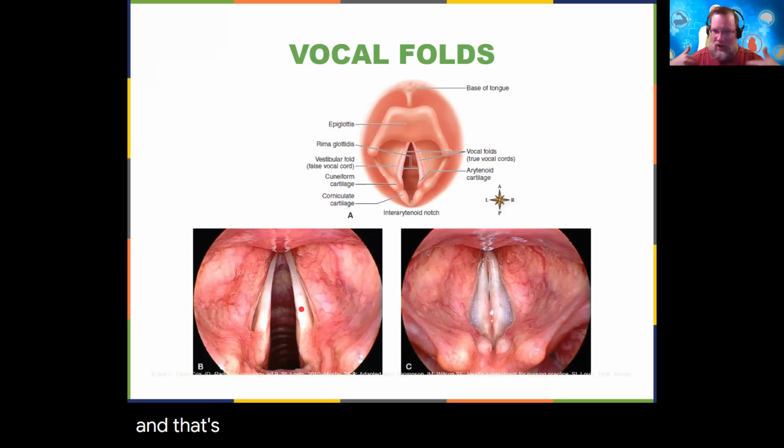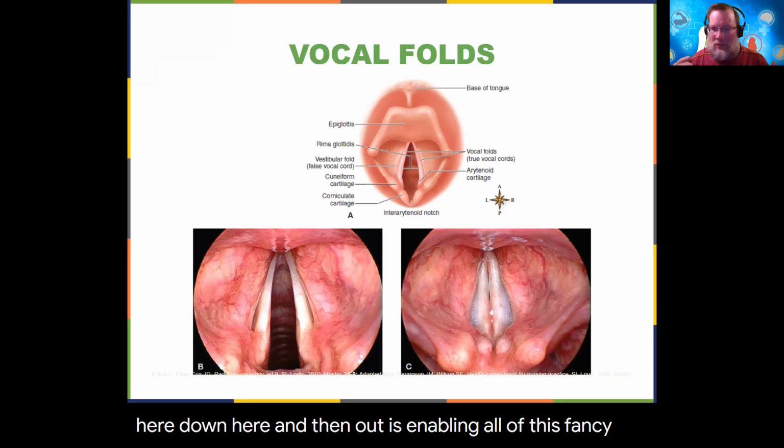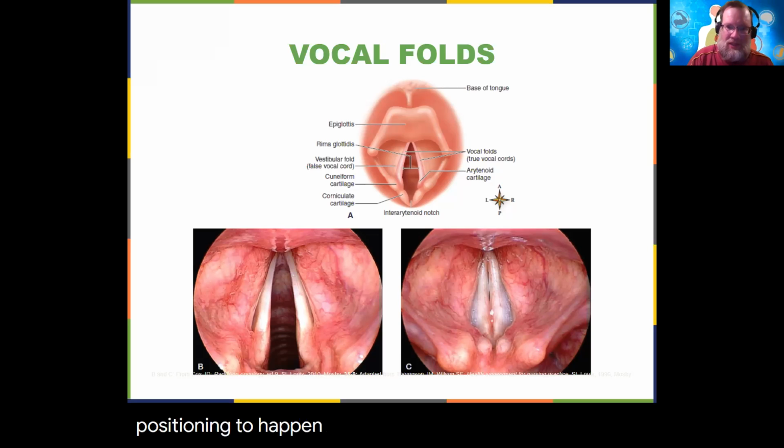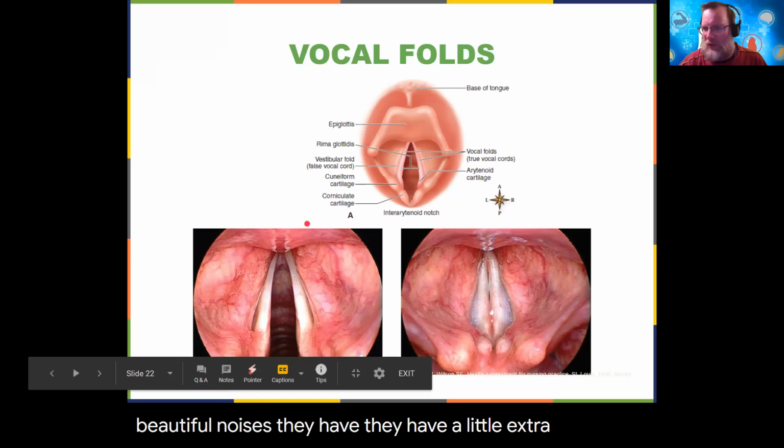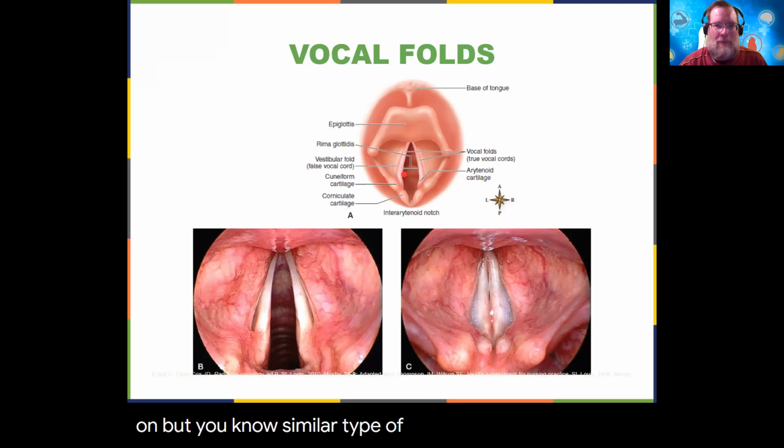And somehow the brain and our ability to get what's going on up here, down here, and then out is enabling all of this fancy positioning to happen in order to elicit these wonderful sounds that you guys get to hear day in, day out. So anyway, pretty cool. Birds make some beautiful noises. They have a little extra stuff going on, but similar type of action here.